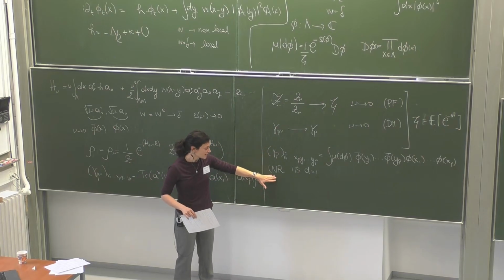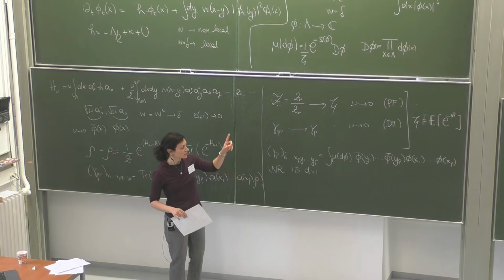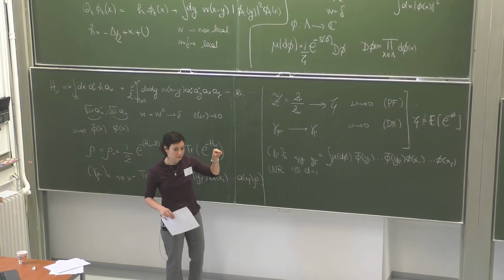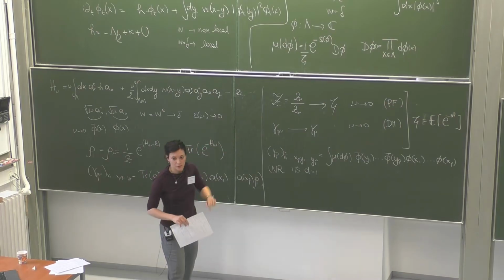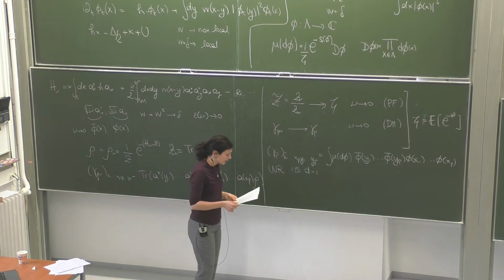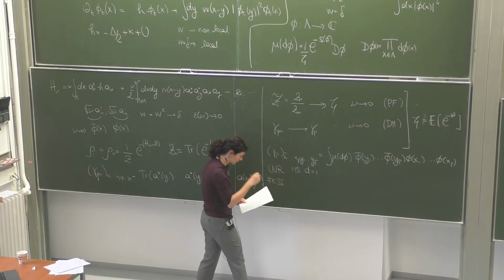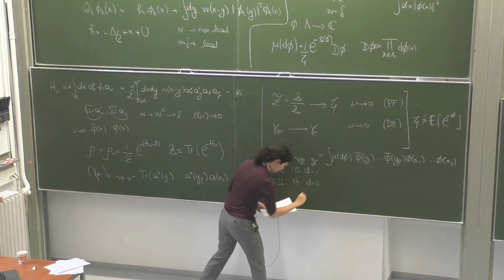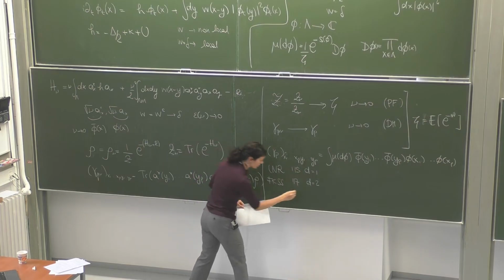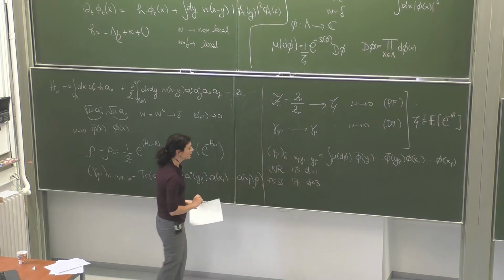Sorry, the first result was in dimension equal to 1 by Lewin, Nam, Rougerie. And the convergence is not to a phi 4 theory, but in the mean field limit it converges to a non-local interaction, so when we actually have W over there. And then a group of Fröhlich, Knowles, Schlein, Sohinger in 2017 proved it for dimension less or equal than 3, but with a modified Gibbs state.